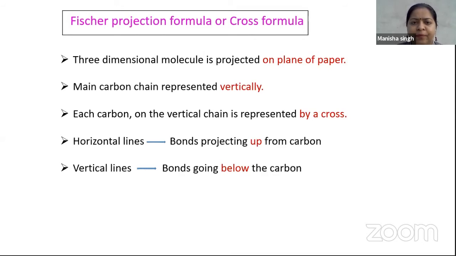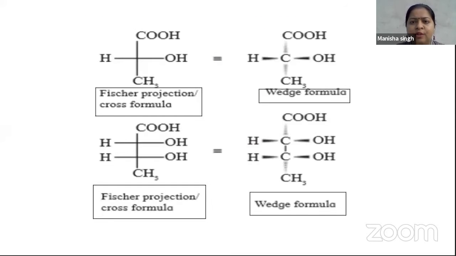Next, please. So this is the Fischer projection formula. In Fischer projection formula, the wedge formula can be converted to Fischer projection formula. The vertical line and horizontal lines show the carbon. Okay, next one.